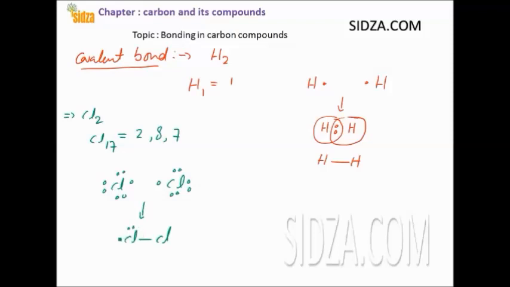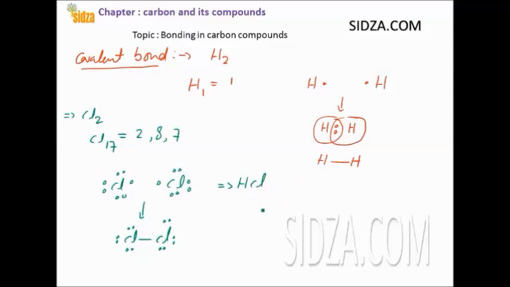These are the non-bonding electrons of chlorine. So in the Cl2 molecule, we have one single bond formed by the sharing of electrons, and each chlorine atom has 3 non-bonding electron pairs. Let's take another example, the HCl molecule, hydrochloric acid.